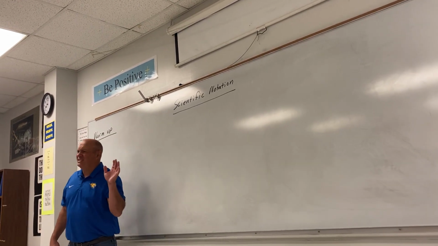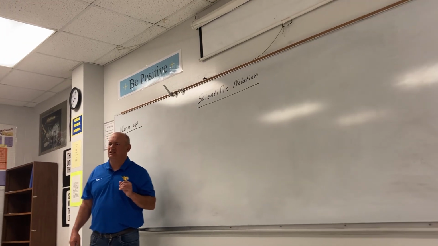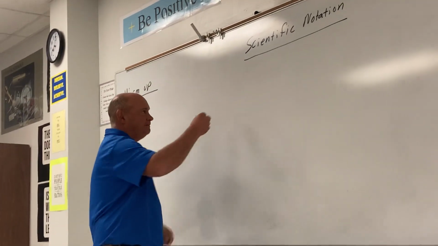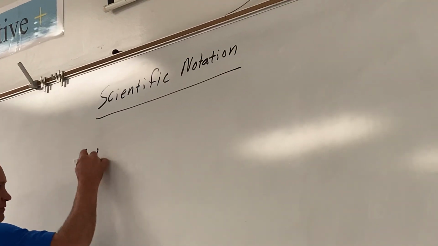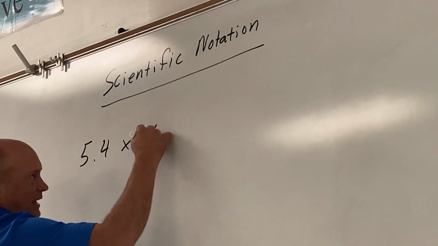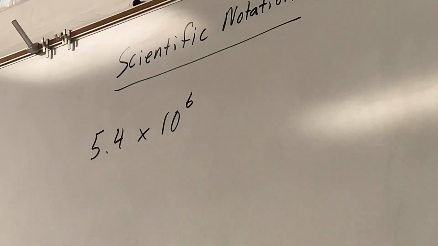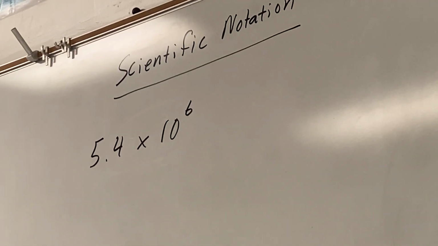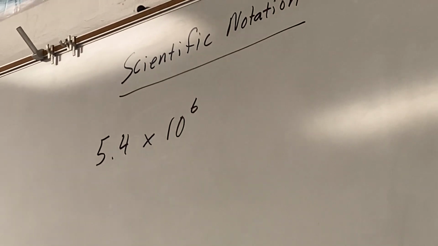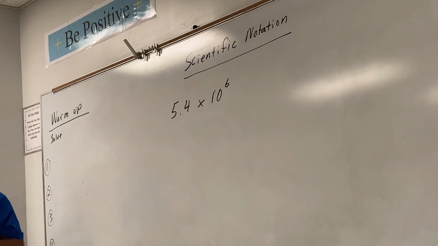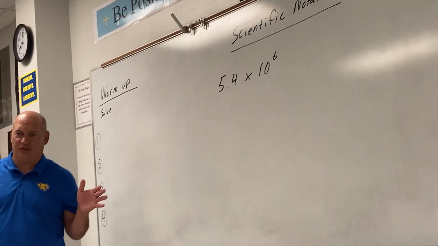Does anybody know what scientific notation is? You've probably seen it somewhere. It looks like this: 5.4 times 10 to the 6th power. That is what scientific notation looks like. Does anybody know the purpose of it? Why did they invent scientific notation? Just to punish students? Is that the goal?